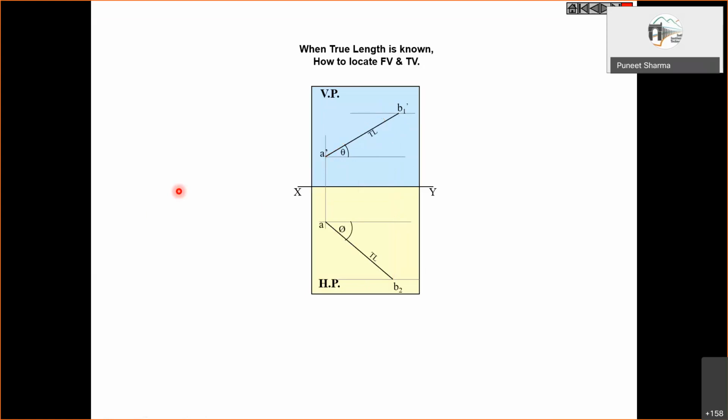Maybe let me go with the slide. So if I bring this B1 dash here, then I'll get the reduced length of the top view.